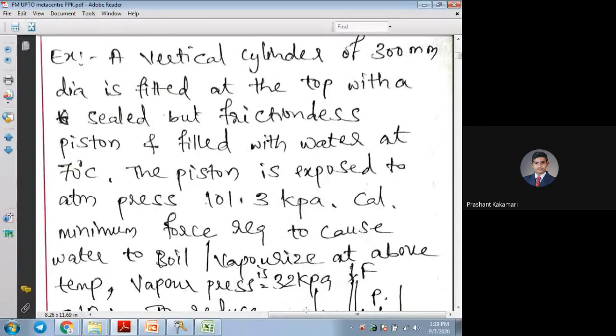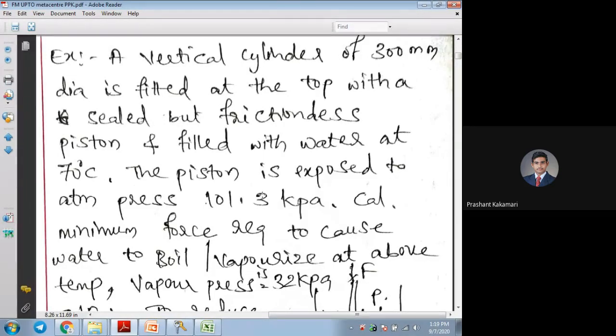A vertical cylinder of 300 mm diameter is fitted at the top with a sealed but frictionless piston. Means what they have given: a vertical cylinder of 300 mm diameter is fitted with a sealed but frictionless piston at the bottom, maybe bottom or horizontal, whatever you can consider.